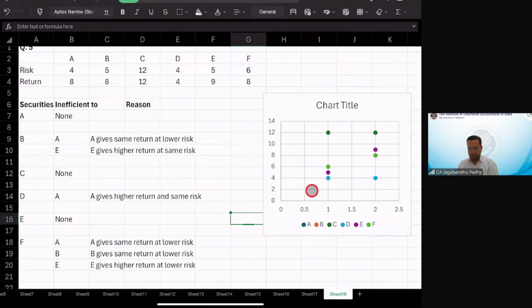So you can observe that there is this curve coming over here. All right, so these are the inefficient securities.